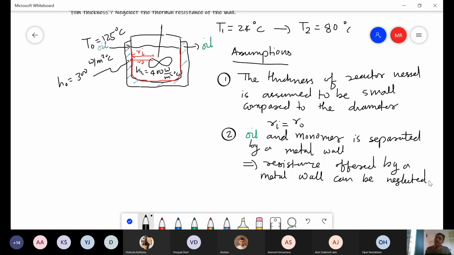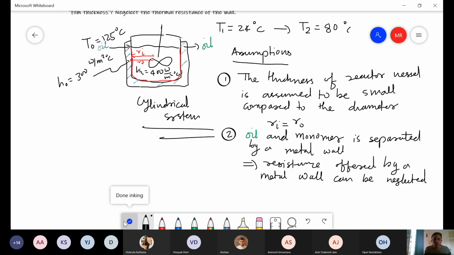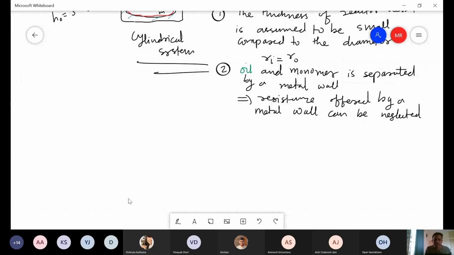So Ri equals R naught. This is the reasonable assumption. Again, this is a cylindrical structure, isn't it? Okay, cylindrical system.